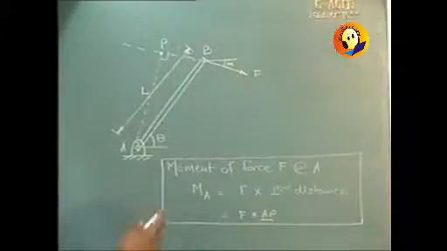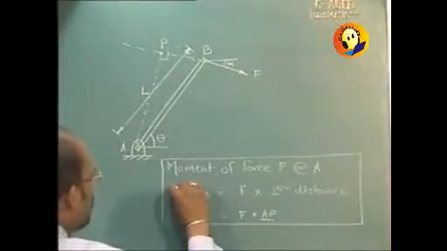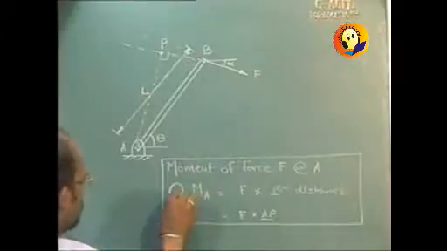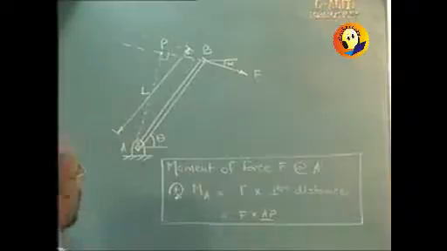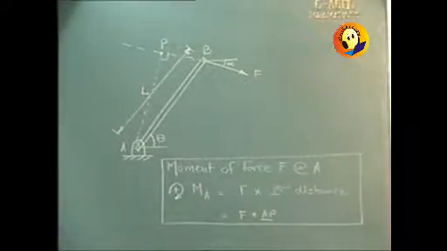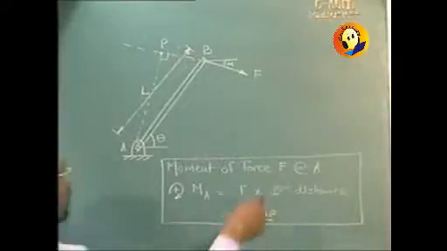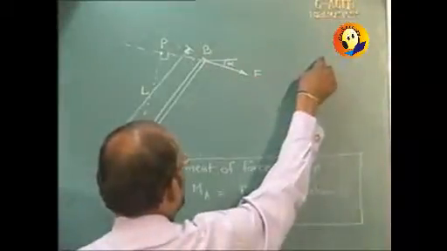Of course, when we talk about the moment, I am going to consider it as clockwise positive, and this moment is going to be the clockwise one. So I can proceed further and try to redraw the figure.